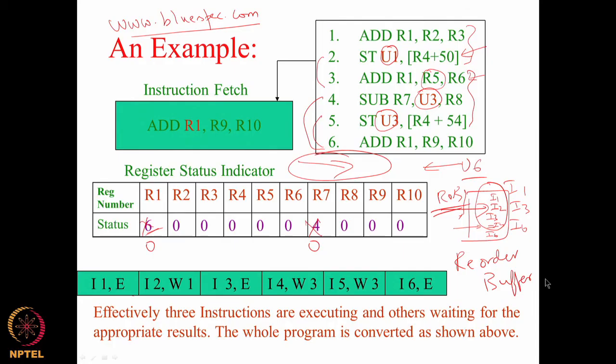Dynamically I have said this instruction will go to unit 1 and start executing, this instruction will go to 2 and wait, and so on. Who has done this? Hardware has scheduled every instruction to a unit to execute or wait. This is done when the program is in execution, so we call it dynamic instruction scheduling. Got this? Okay, fine.